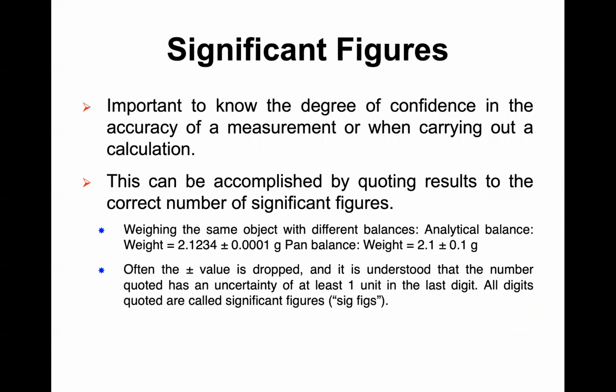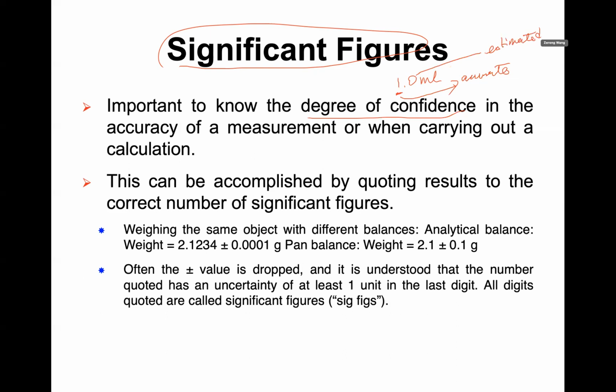Now, during measurement, we always involve significant figures. These significant figures tell the degree of confidence in the accuracy of a measurement when you do the calculation. For example, if we measure the volume of water and you report 1.0 milliliter, that means only the 1 is accurate, and the last digit is the estimate.